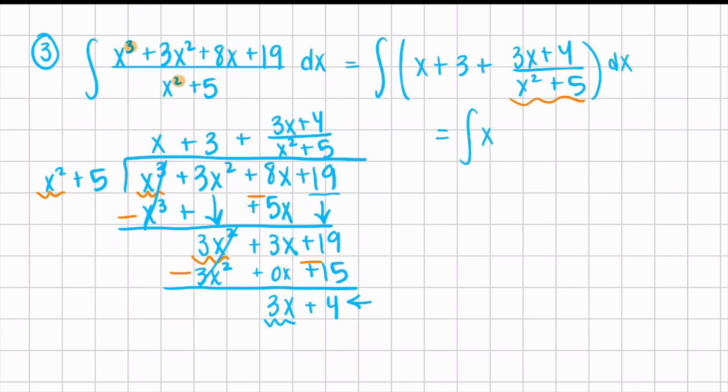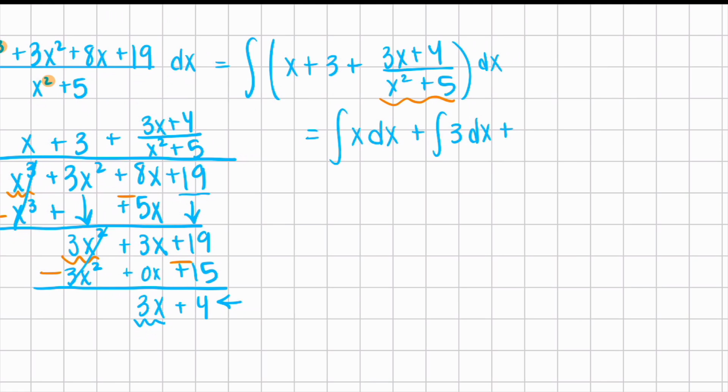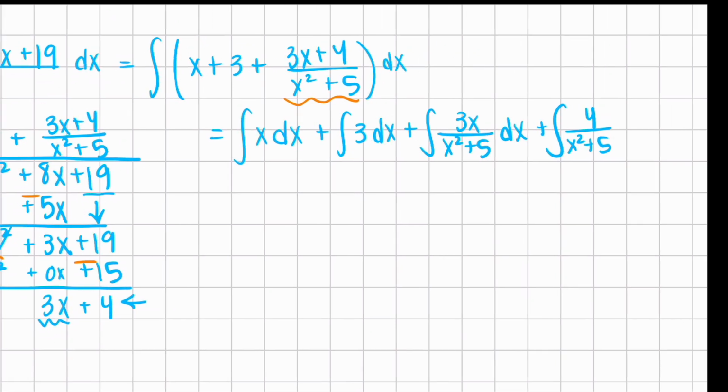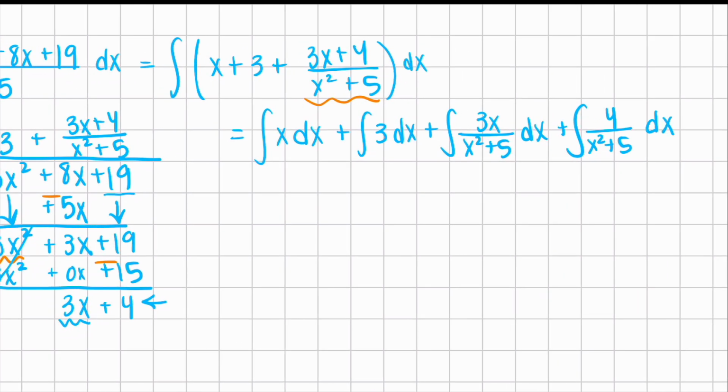So I'm going to say, let's just split up our integral: x dx plus 3 dx plus 3x over x squared plus 5 dx plus 4 over x squared plus 5 dx.